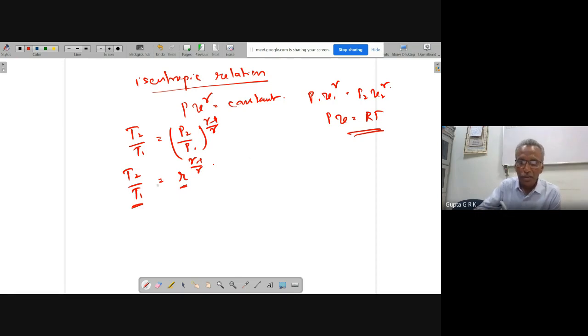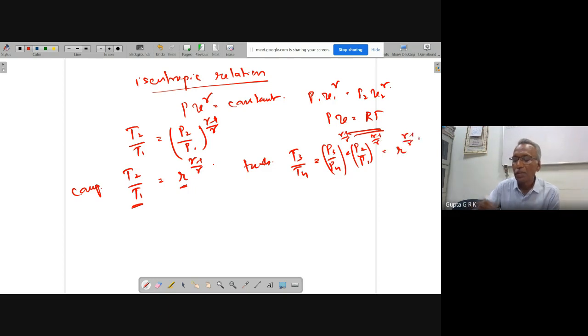In the same way, for the turbine, T3 by T4 is equal to P3 by P4, and P3 by P4 is P2 by P1, right? So this is also R to the power gamma minus 1 by gamma only. So what we get is T2 by T1 is equal to T3 by T4.